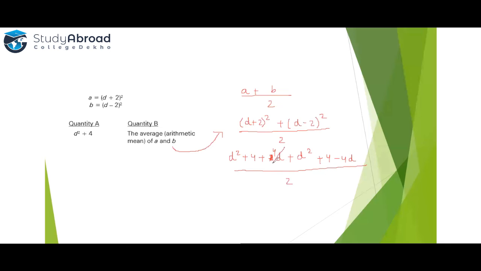So plus 4D and minus 4D cancel out. So 2 can be taken out common: D square plus 4 divided by 2. So what are we getting? For quantity B, we get D square plus 4 only. Quantity A is D square plus 4. Quantity B is D square plus 4. So both the quantities are equal. So my answer in this case will be C.